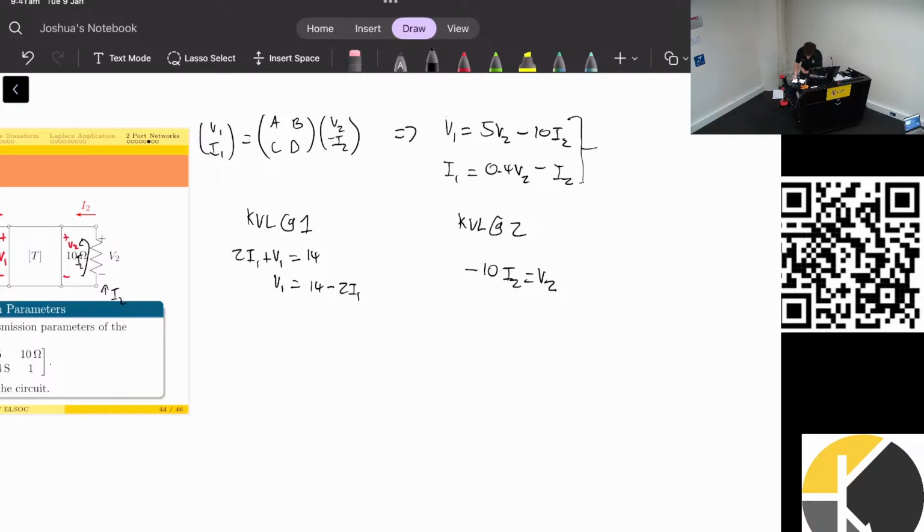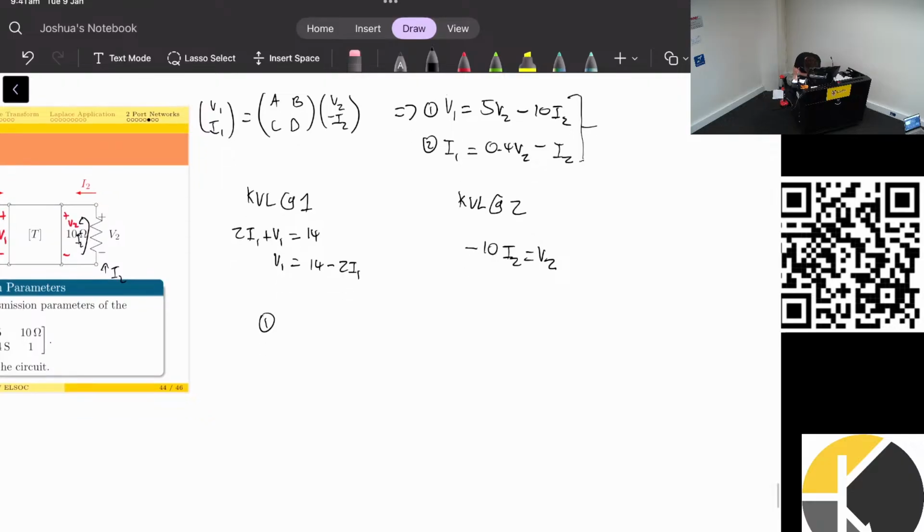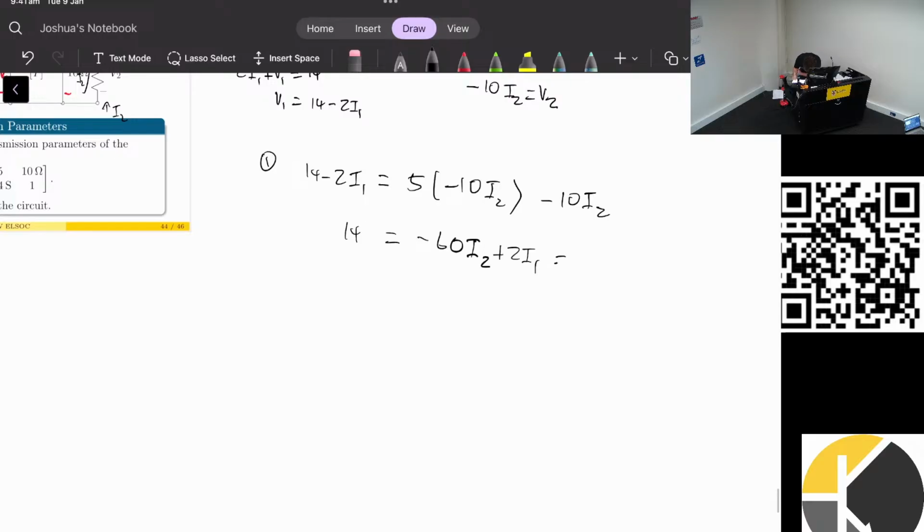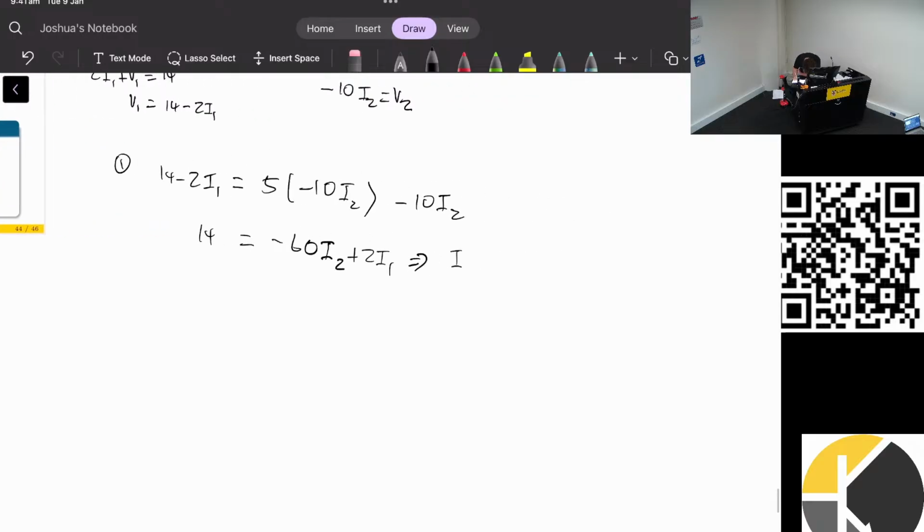So let's try with equation 1. We're going to get 14 minus 2I1 equals 5 V2 minus 10 I2, with V2 substituted, minus 10I2. That's going to be minus 60 I2 plus 2I1 equals 14, which is the same as I1 minus 30 I2 equals 7.